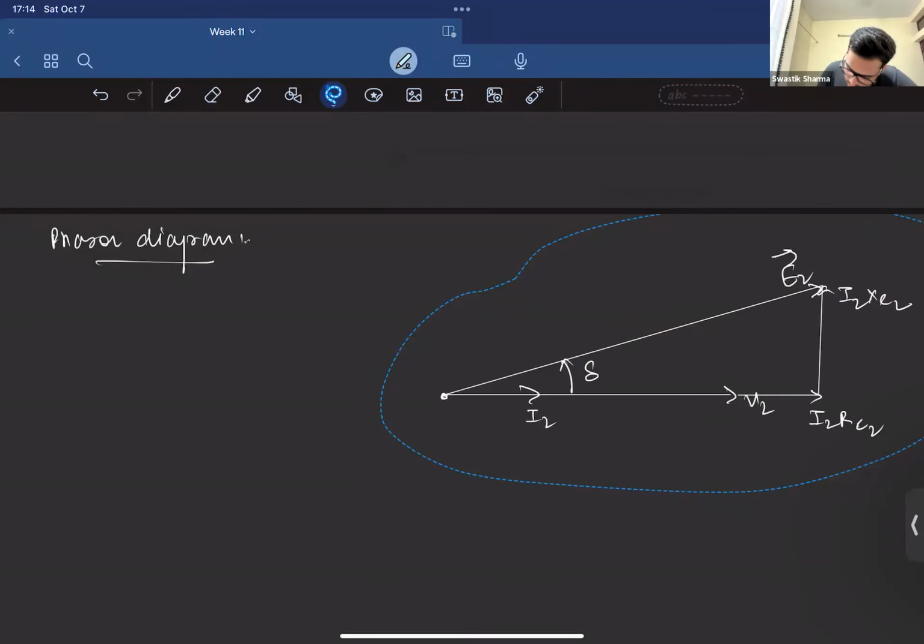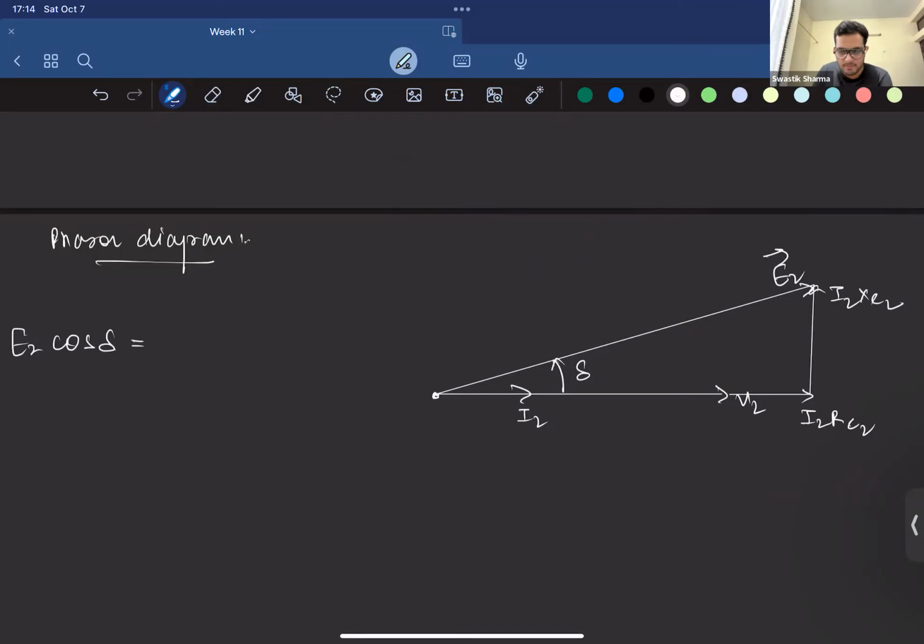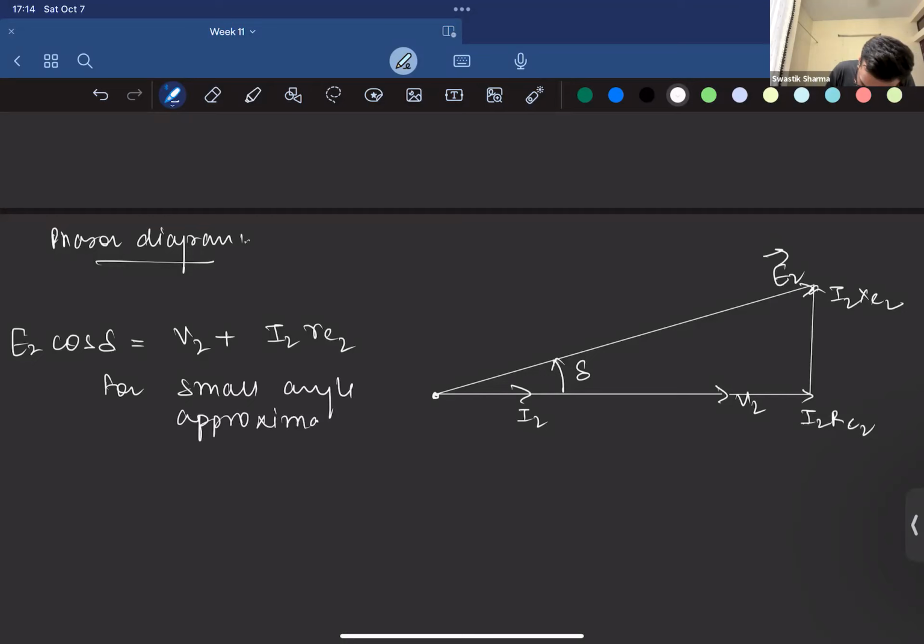let's say the angle is delta. What is E2 cos delta going to look like? If E2 cos delta is superimposed with this, it's nothing but V2 plus I2 times R e2, right? Now for small angle approximation, delta is equal to 0, cos delta will be equal to 1.